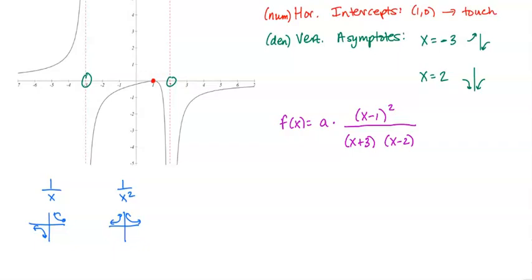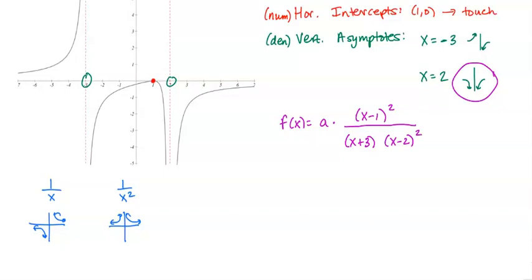If as the graph approaches that vertical asymptote, the graph is going in opposite directions, one side is up and one side is down, either way, then we're going to have just a single factor, or an exponent of 1. Anytime the graph is going in the same direction, either both sides going up or both sides going down as it approaches that vertical asymptote, that's when we're going to need an exponent. So since at x equals 2, both sides of the graph are going down as it approaches that x value of 2, we're going to need an x minus 2 squared.